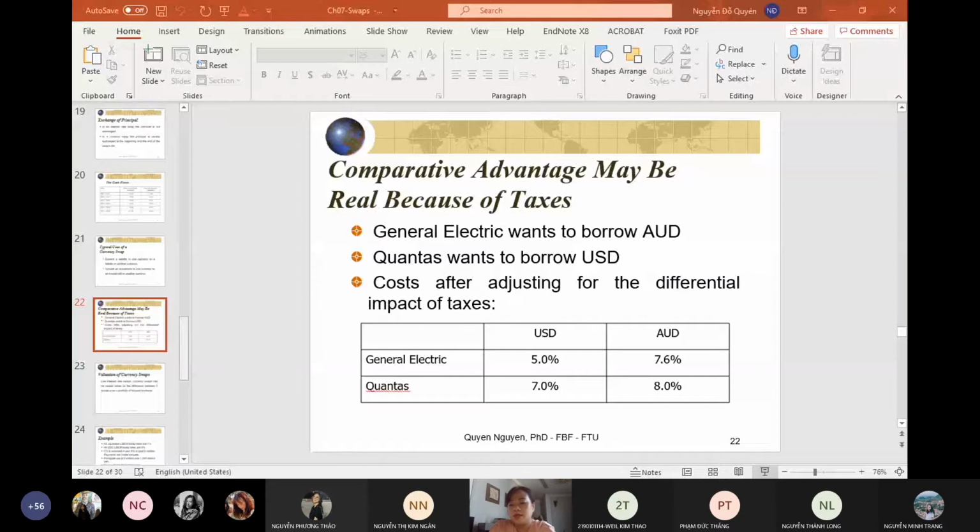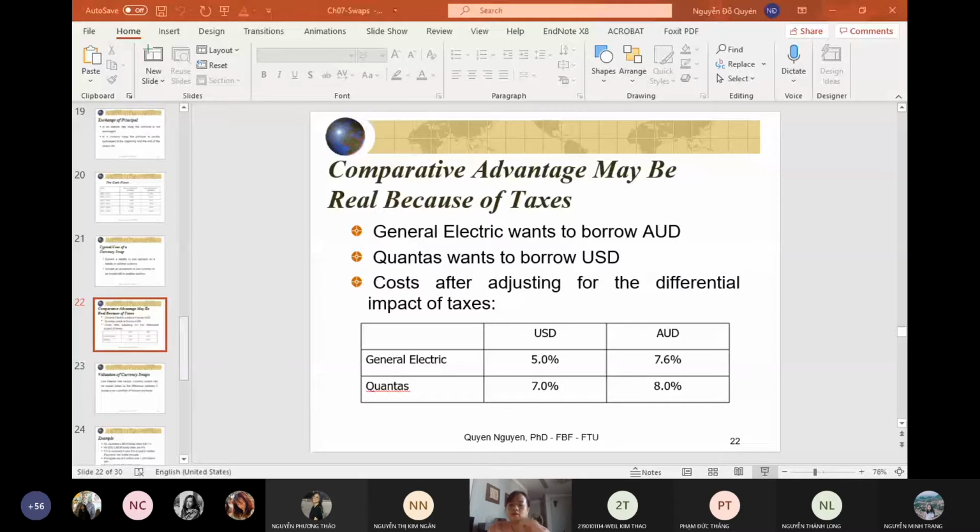And this 1.4% will be divided by 2. So each would be able to receive the comparative advantage of 0.7%. Right.